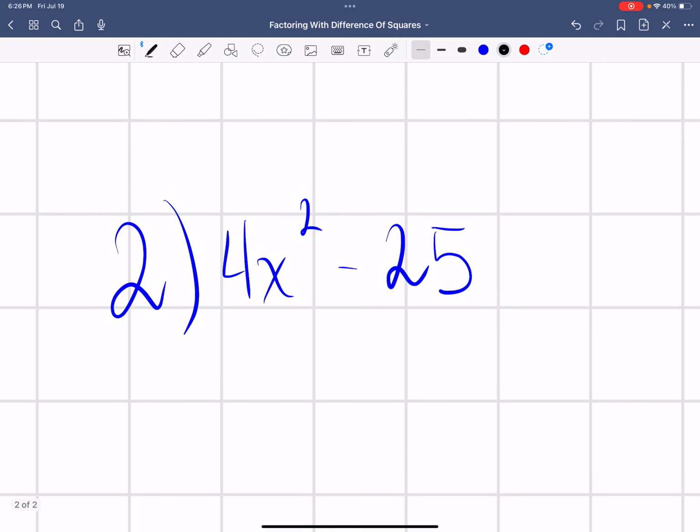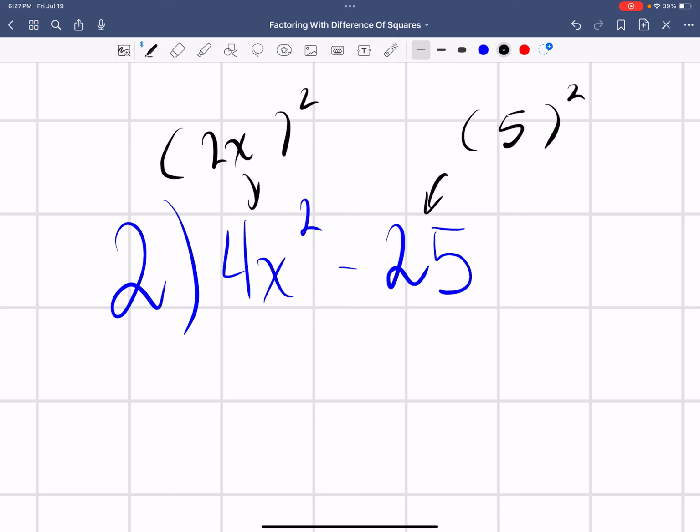Number 2. So again, it's a difference, and these are also both squares. What squared gives us 4x squared? Well, you've got to be careful, right? Because you need to think of both the variable term and the coefficient here. So the answer would be 2x. 2x times 2x is 4x squared. And what squared gives us 25? Well, that is easier.